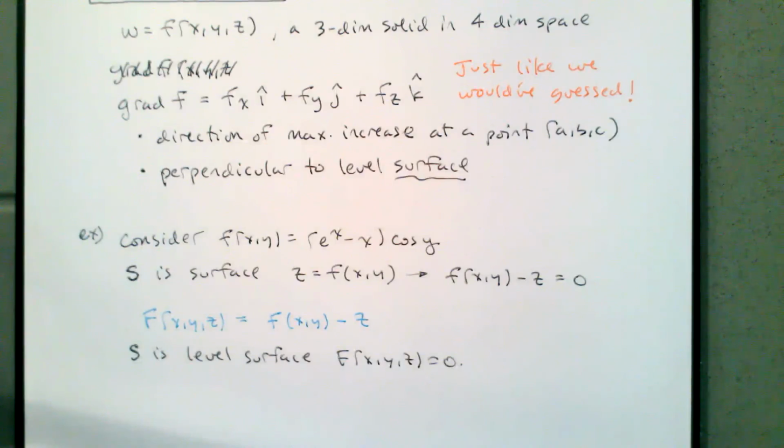The point of this problem was to take this function of 2 variables and turn it into a function of 3 variables, and then consider a level surface. Then we're into gradient land and all that fun stuff.